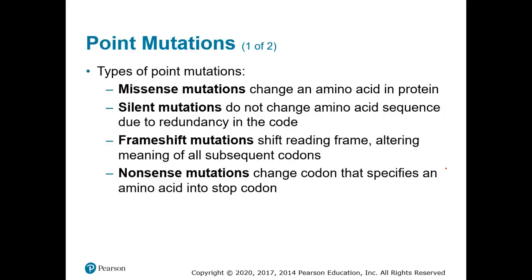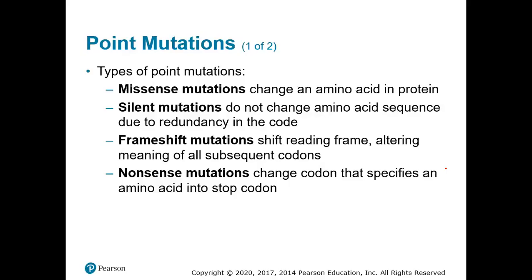So we're going to talk about 4 different types of point mutations: missense, silent, frame shift, and nonsense. With these, make sure you can identify them and you know, are they good, neutral, or bad? Missense is a change in an amino acid that does change the protein product. We also can have a silent mutation where you get a change in a base, but it doesn't change the amino acid.